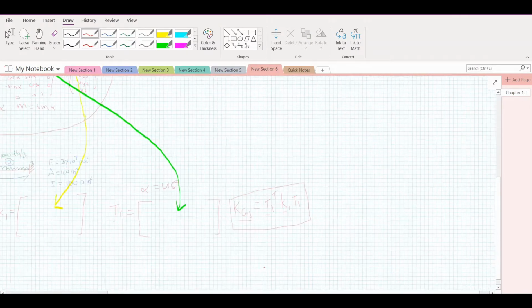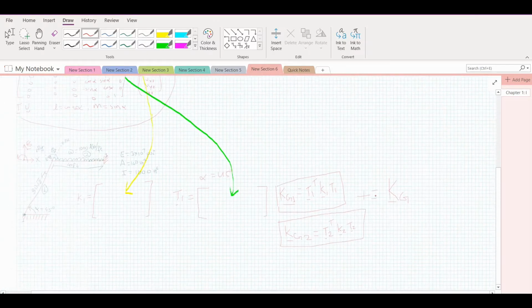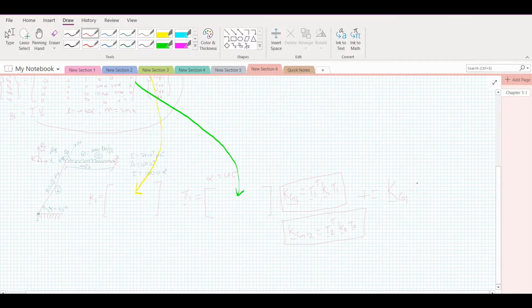Similarly, you can also obtain your global matrix for element 2, and then for the whole system we just add these two up and form our global matrix for the frame system, which will be a 3 by 3 matrix. The reason I condensed this into a 3 by 3 matrix is that it is generally easier to solve for the displacements.